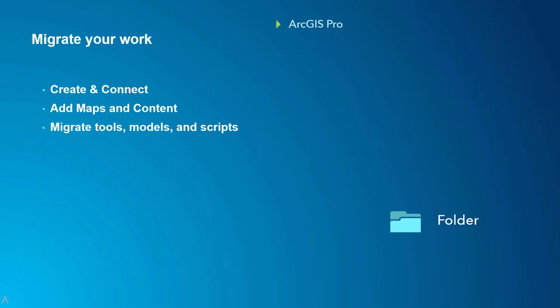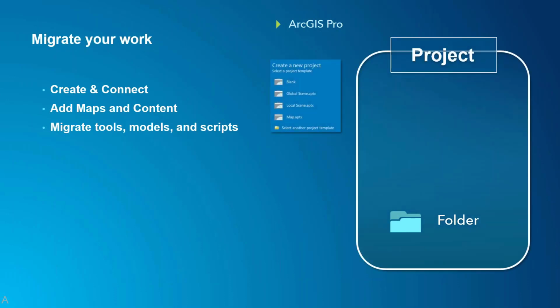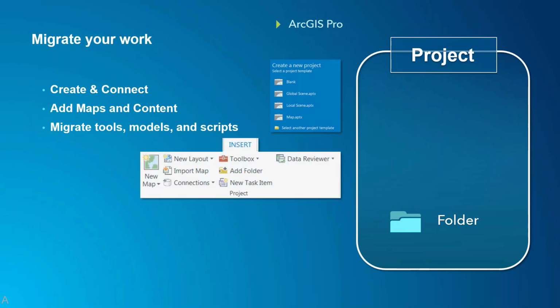So understanding this difference, you can start the migration of your information to ArcGIS Pro. First, you have to create a project, and then you will have the option to insert a new connection to a folder or to a database, whether this is a local or enterprise database.